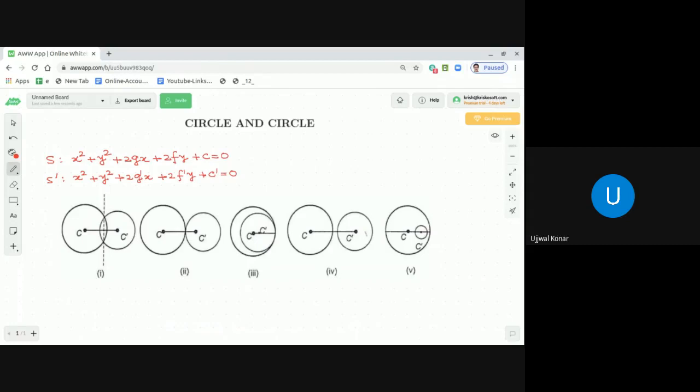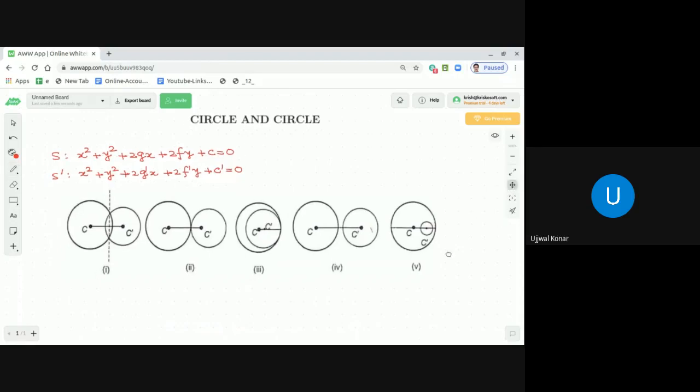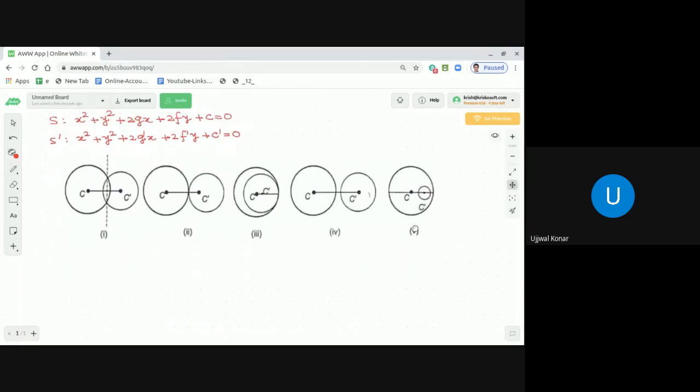If you look into the first case, it looks like these two circles actually intersect.